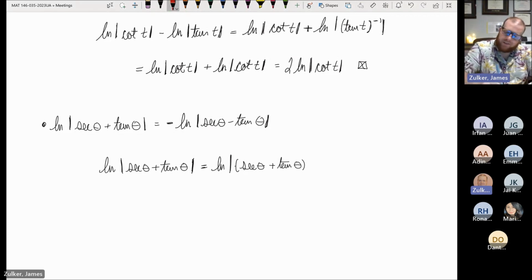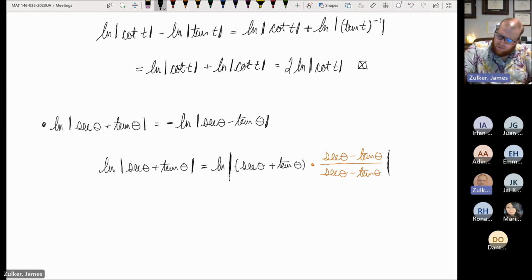And let's do this. And so let's multiply the secant plus tangent by 1, right?